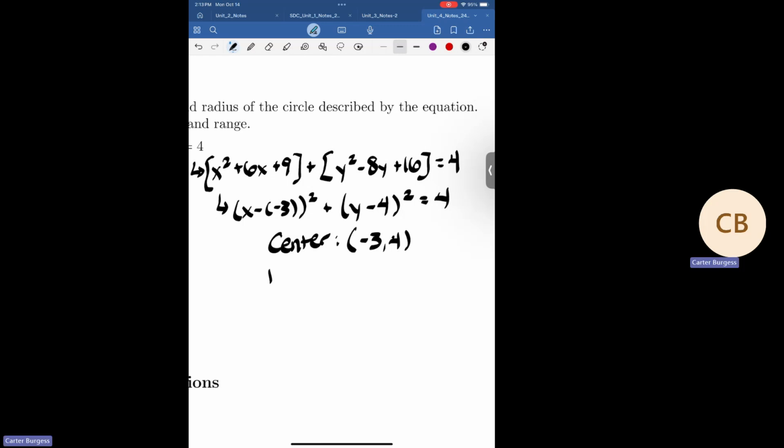And then what here would be our radius? Be a little bit careful. Yeah, it would be 2. Square root of 4.